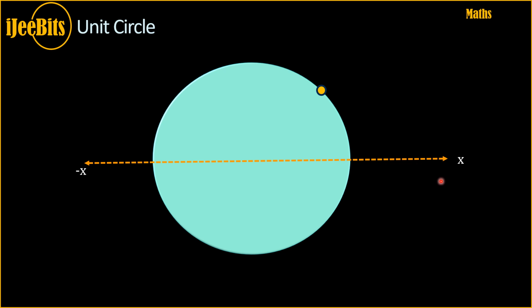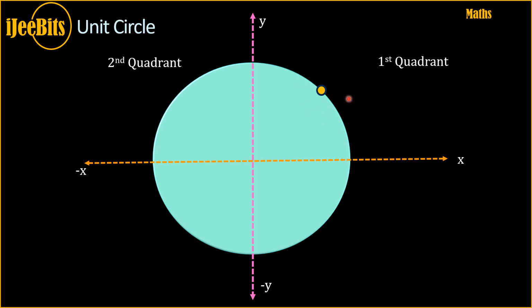Positive x and negative x. Let me draw my y-axis and denote positive y and negative y, right? What I'm trying to do: say this is quadrant one, the first quadrant, between positive x and positive y, right? The point that I'm marking on the circle is in the first quadrant. That's what I was trying to illustrate here.